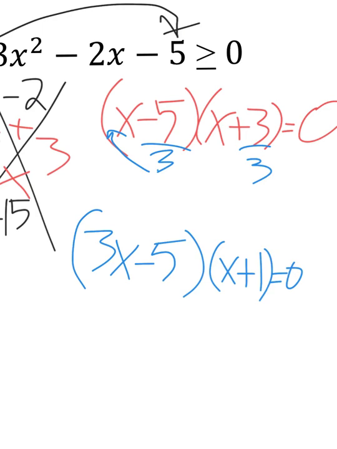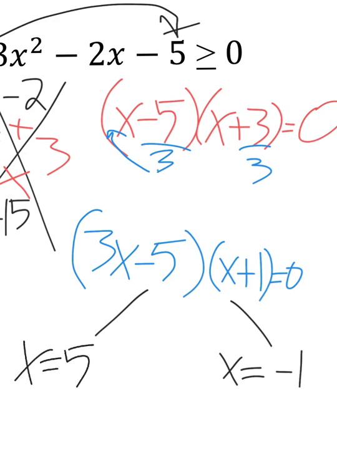Now I just need to solve it, right? So this one, x will equal -1, right? And then this one right here, you would just look at the previous step and flip the sign, which would be positive 5 over 3, okay? That was the shortcut method I taught y'all earlier in this chapter.